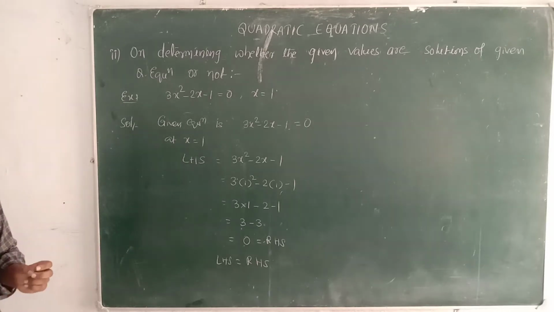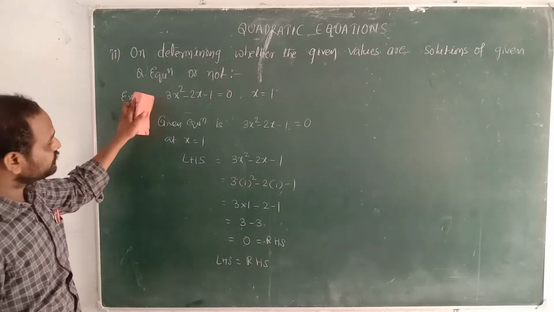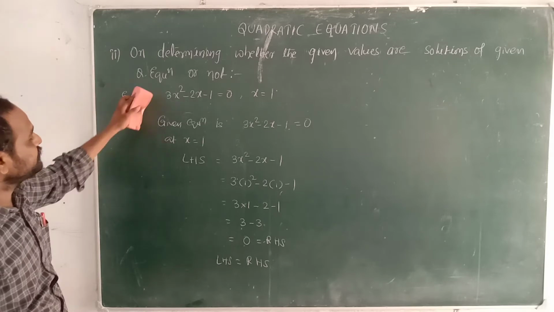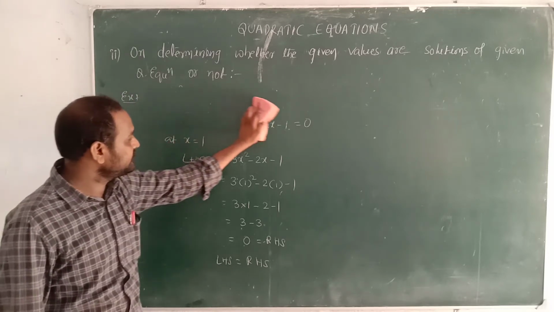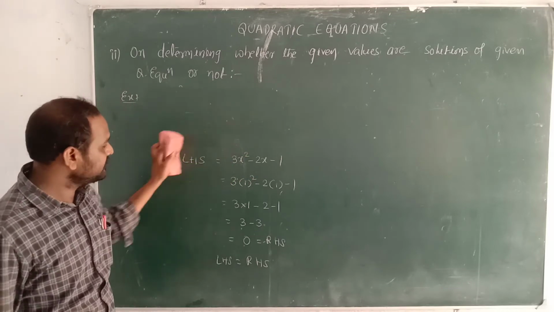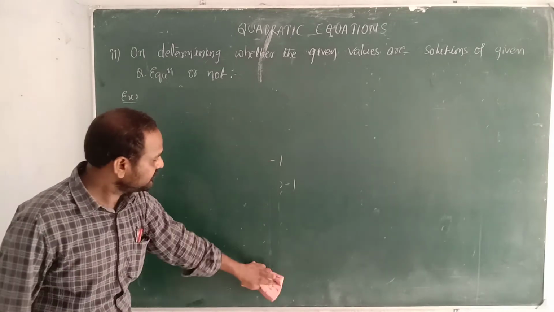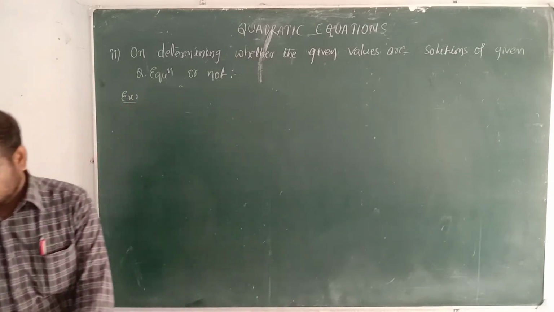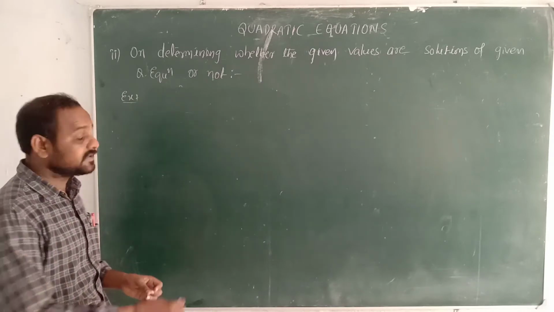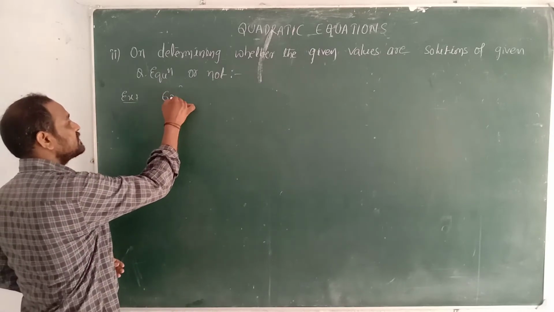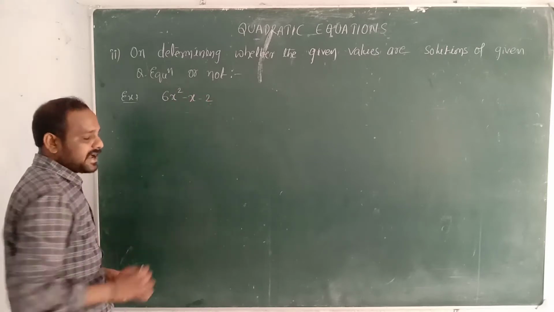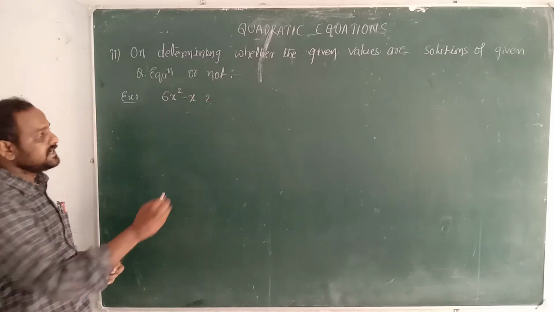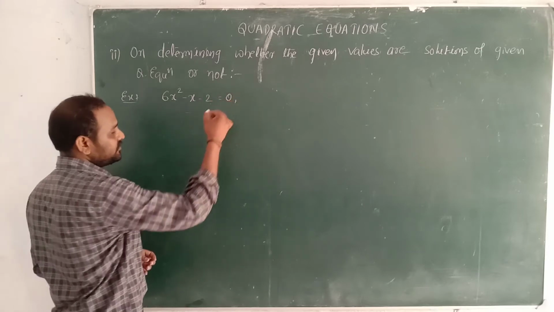So now the second example. 6x square minus x minus 2 is equal to 0.